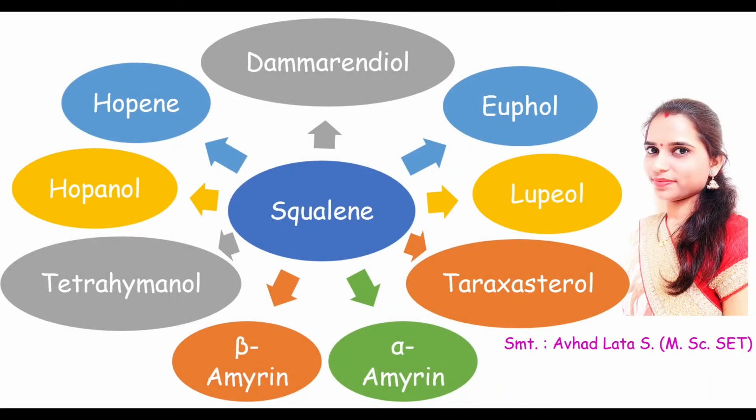This is Lata Awad, working as an assistant professor in the Department of Chemistry at KVN Naik Arts, Commerce and Science College, Nasik. In today's lecture, we are going to discuss the biogenesis of dammarenediol, euphol, lupeol, taraxasterol, alpha-amyrin, beta-amyrin, tetrahymanol, hopanol, and hopene from squalene.